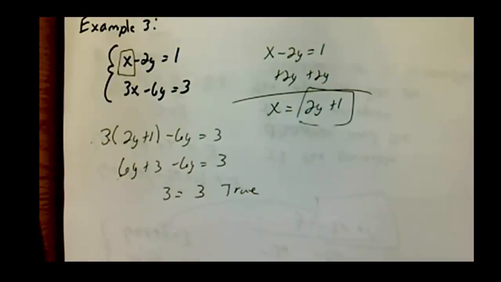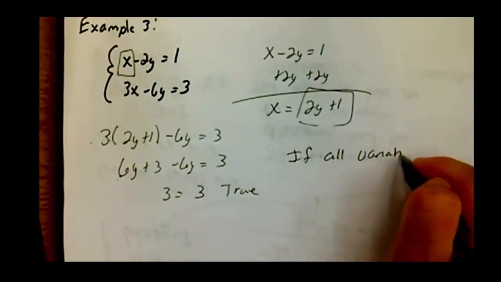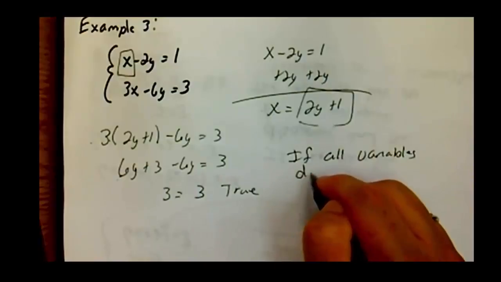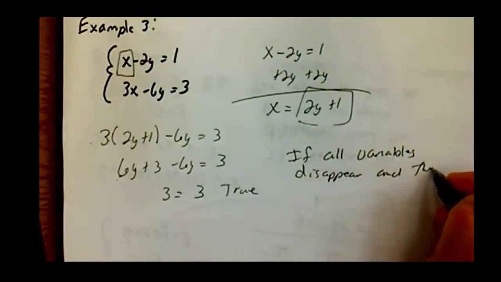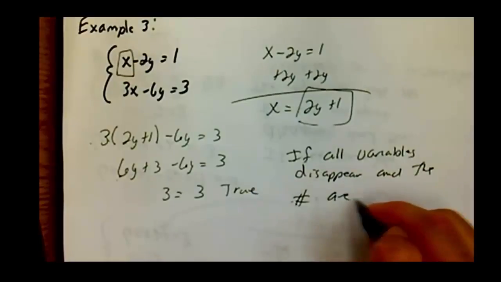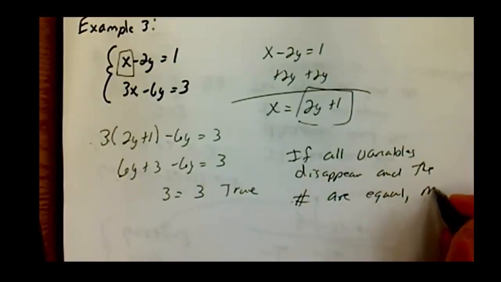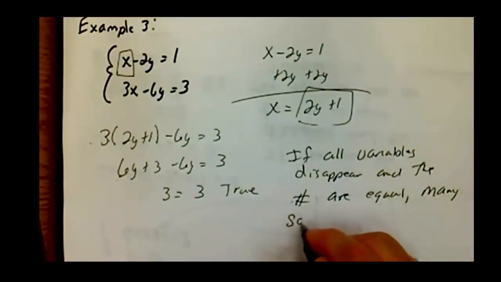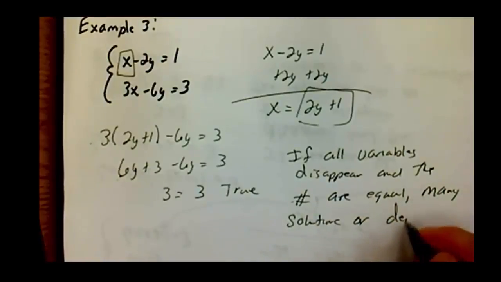So if it's true and all the variables disappear and the numbers are equal, you have many solutions, or it's considered to be dependent.